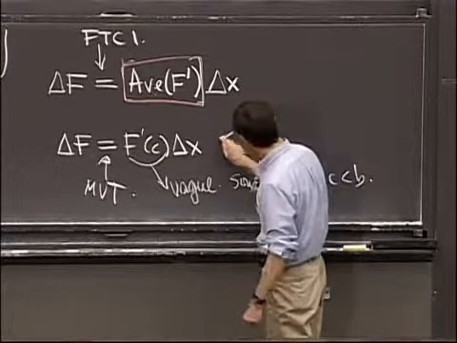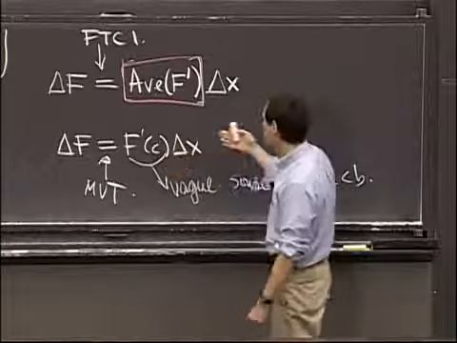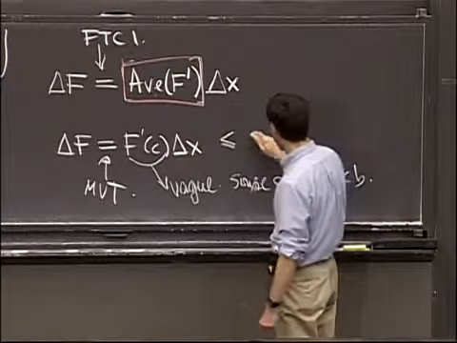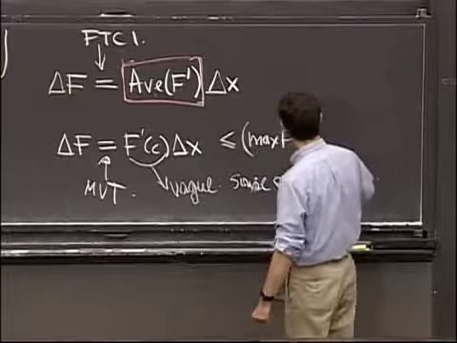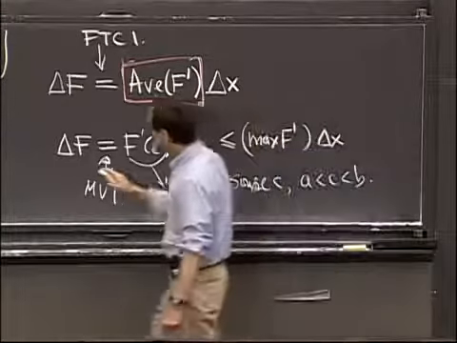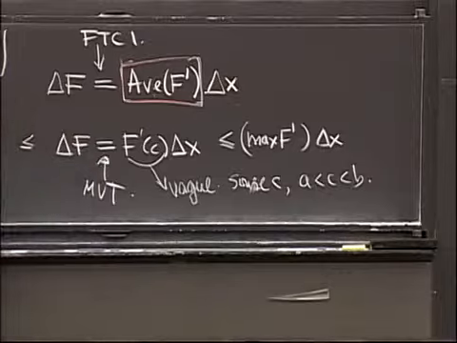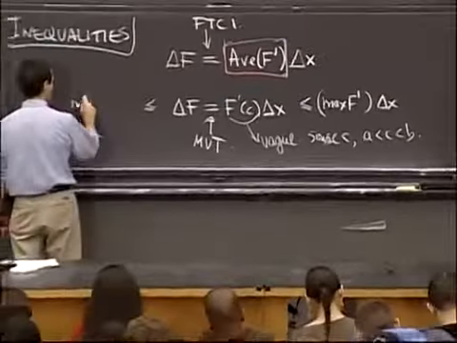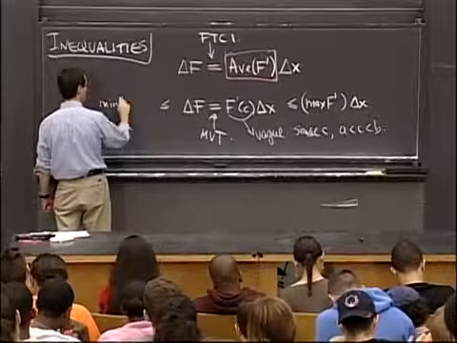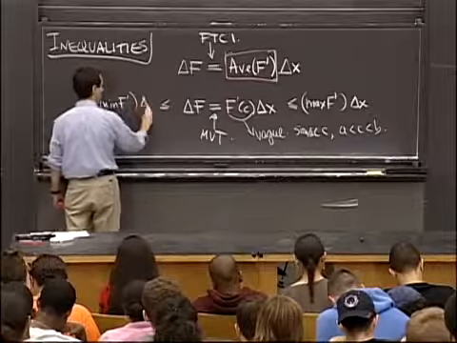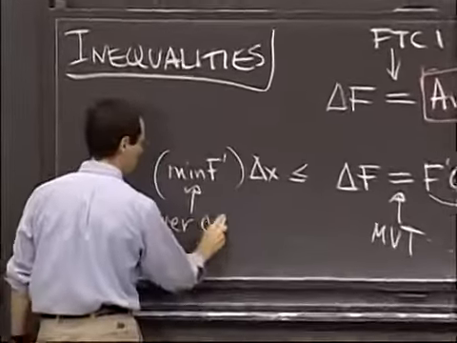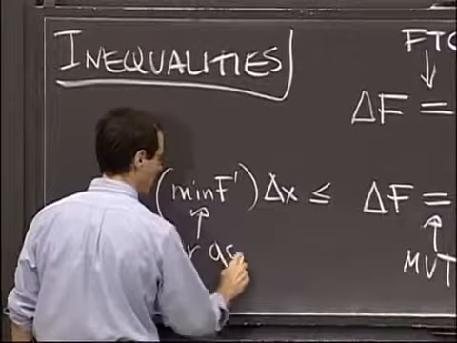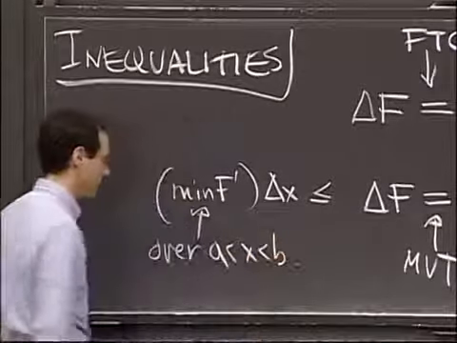All we can do is say, well, for sure it's less than the largest value, say the maximum of f prime times delta x. And the only thing we can say for sure on the other end is that it's greater than or equal to the minimum of f prime times delta x over that same interval, for x between a and b.